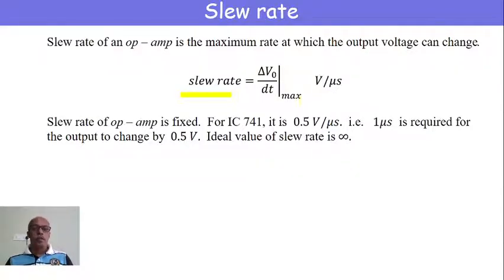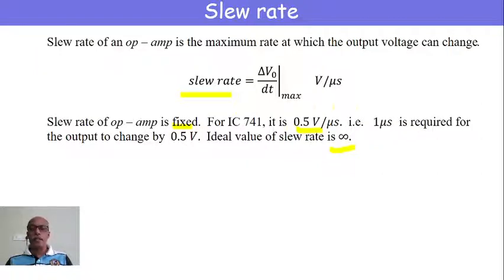For the op-amp, the slew rate is fixed. For IC 741, it is 0.5 volt per microsecond. But for the ideal one, its value is infinite.